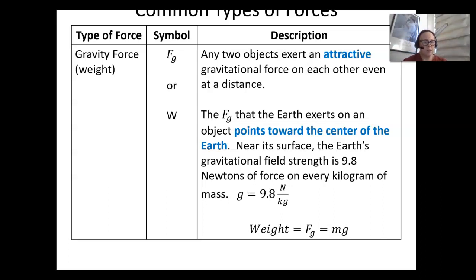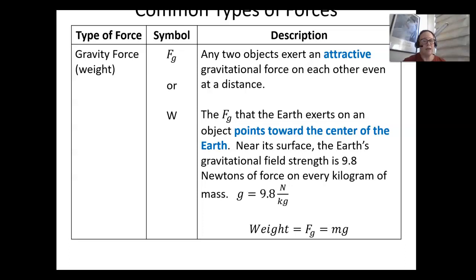A very common example of this is the gravitational force that the Earth exerts on us and the things around us. We're usually near the Earth, and so we're very familiar with this force, right? We know that if we jump off of a platform, we fall back down to Earth. If we drop something, it falls to Earth.